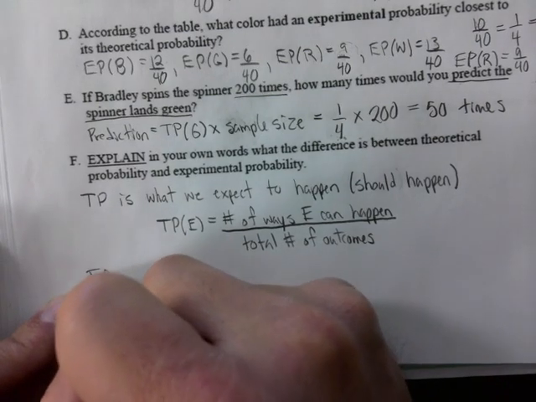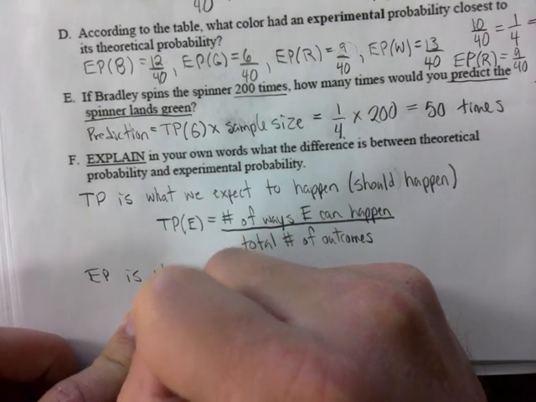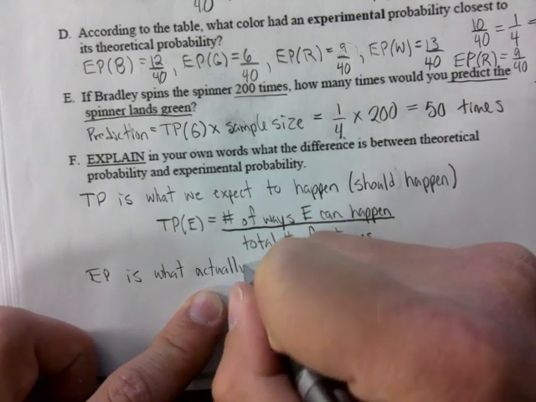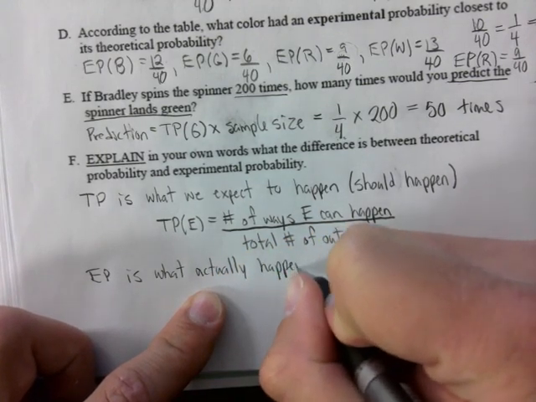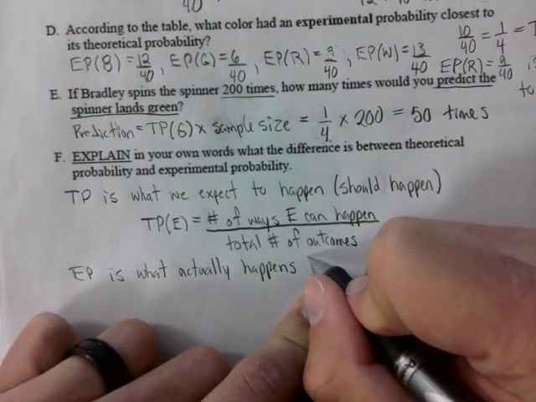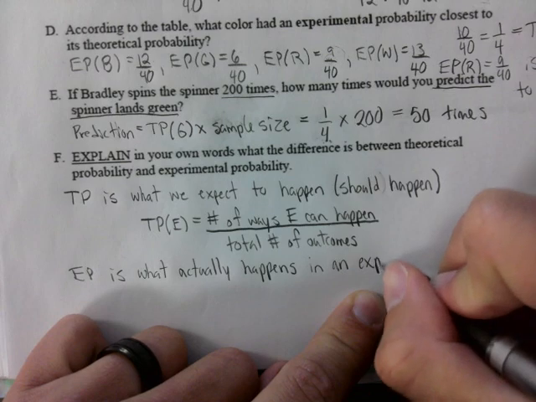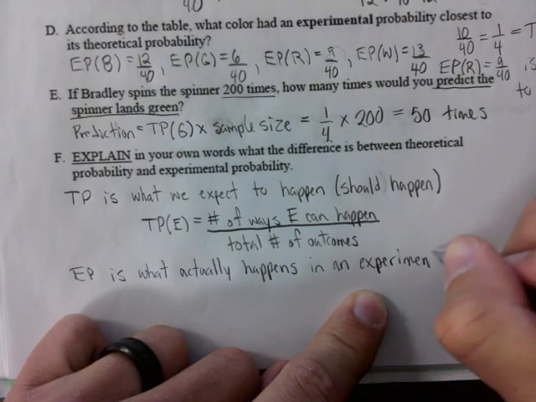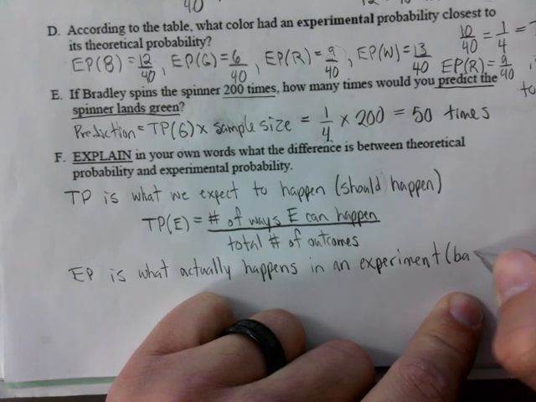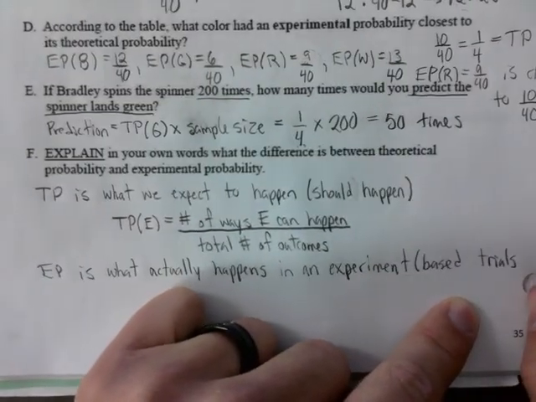Experimental probability is what actually happens in an experiment, based on trials.